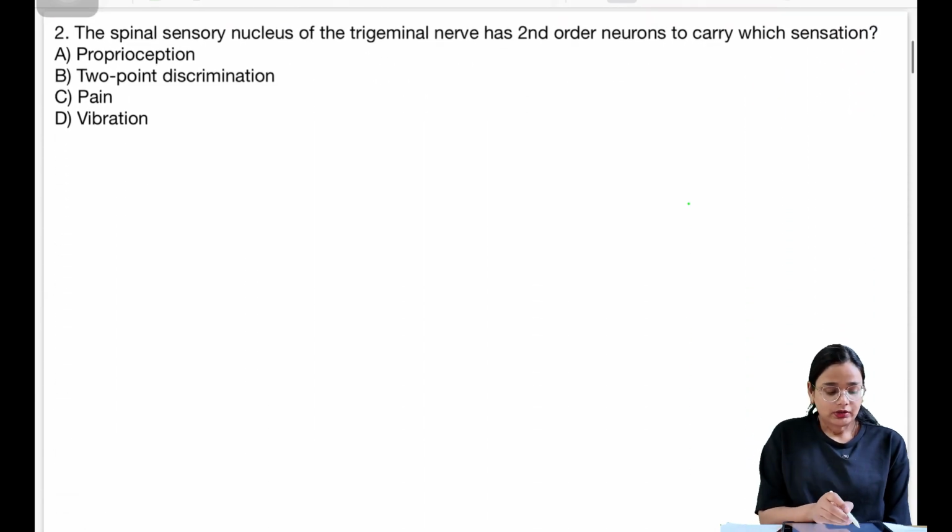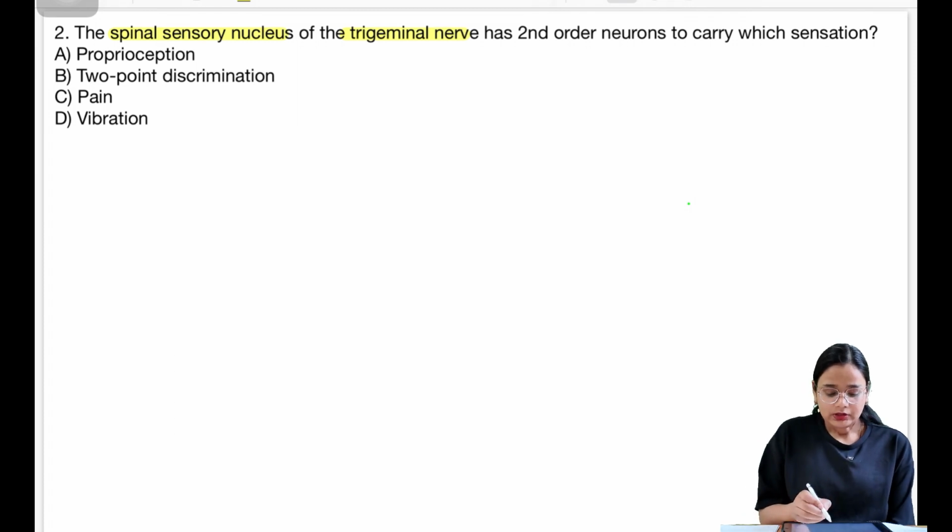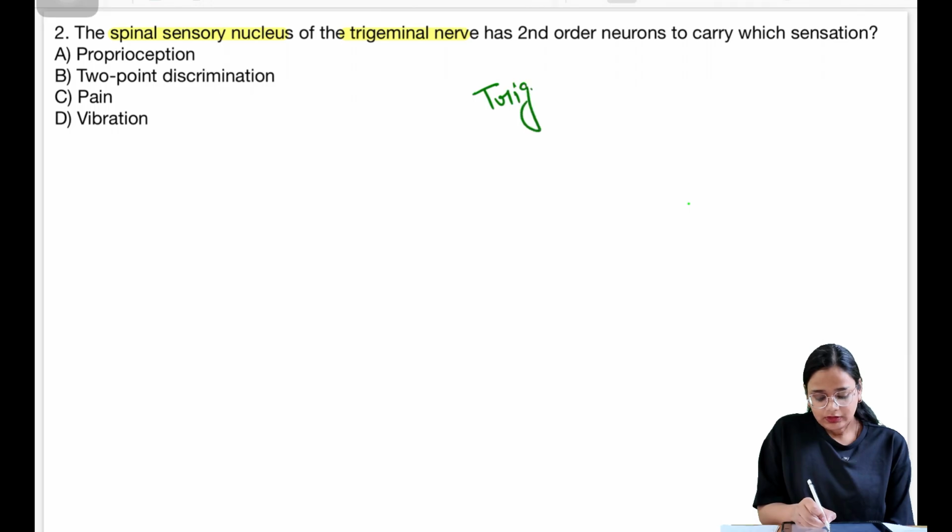The second question was, the spinal sensory nucleus of trigeminal nerve has second order neurons to carry which sensation? If you know, the trigeminal nerve is a cranial nerve of fifth number.